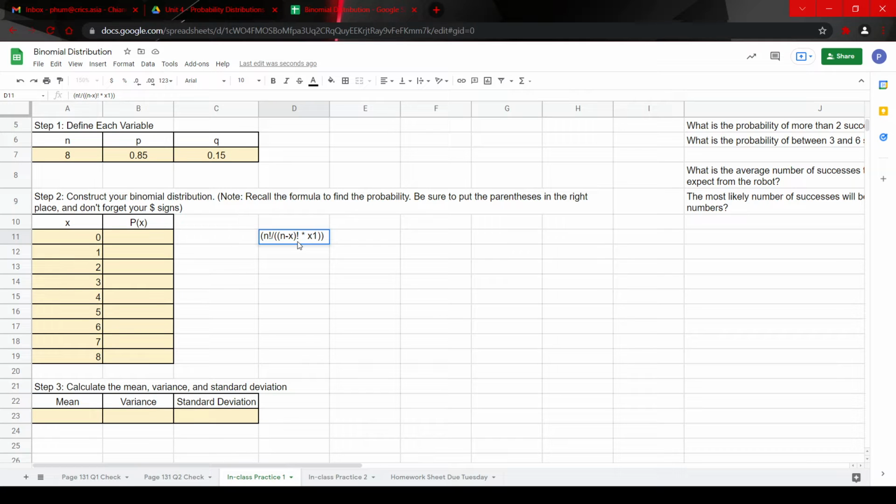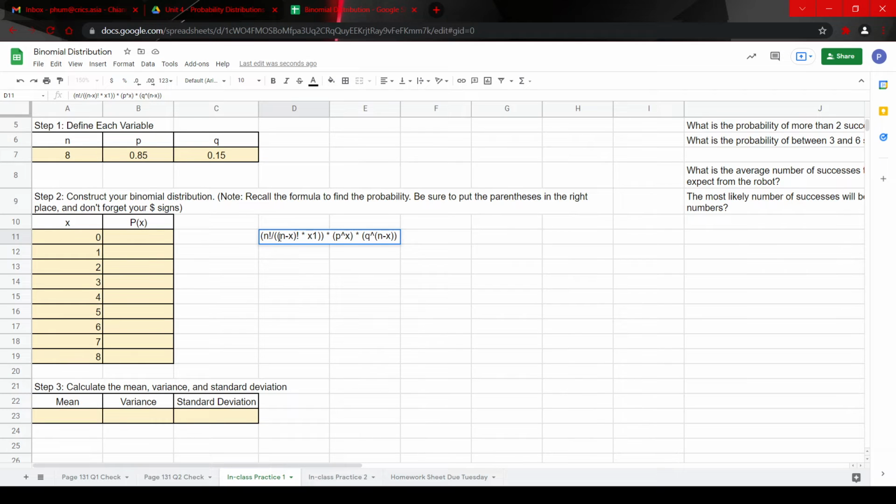This is the combination of n choose x, is how you would say that, multiplied by p to the power of x, multiplied by q to the power of n minus x. So remember that this is our formula. And so we would need to convert this to something that Google Sheets can understand.